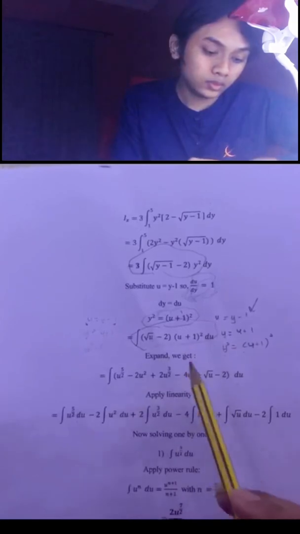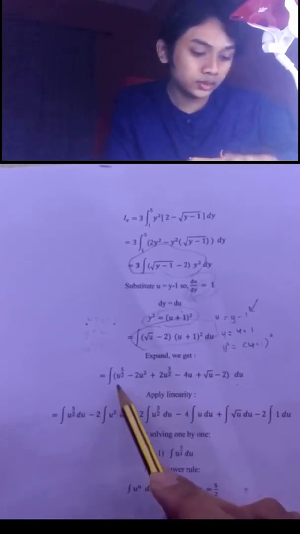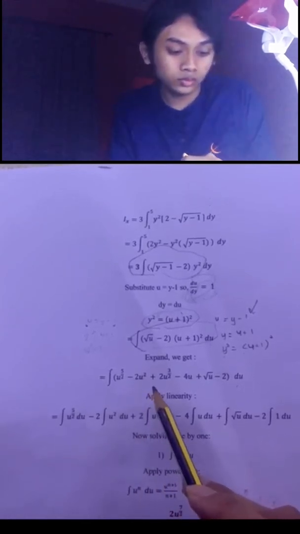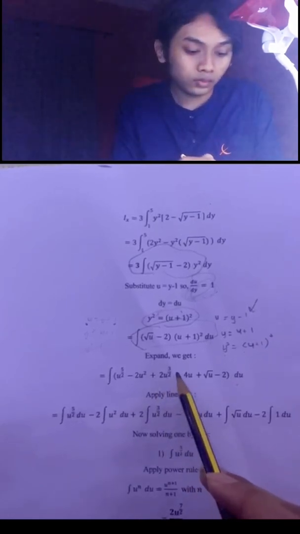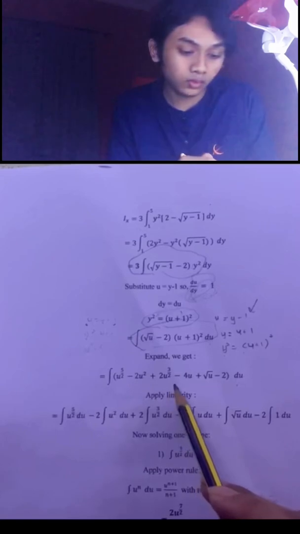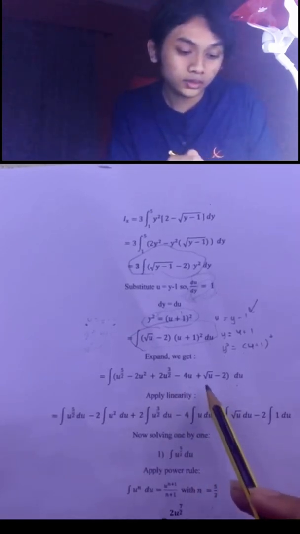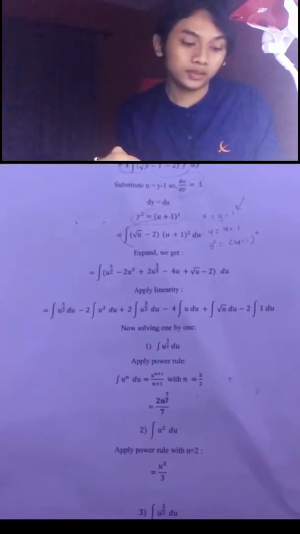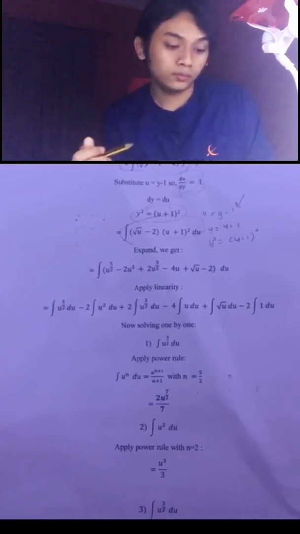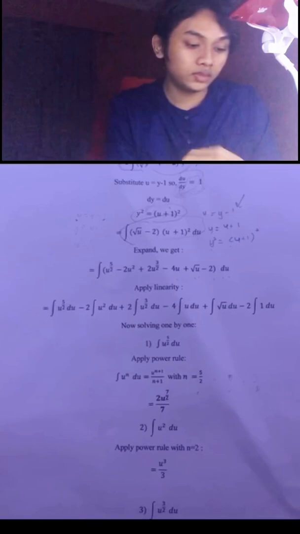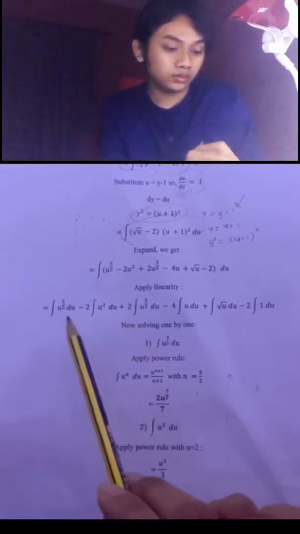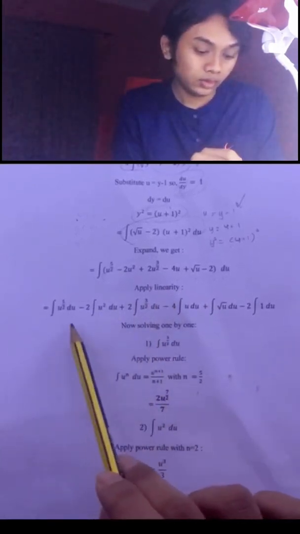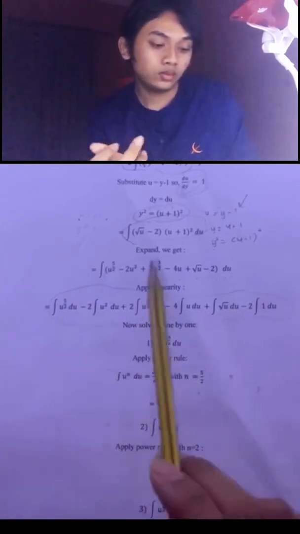From this we expand and we get integration of u power of 5 over 2 minus 2u square plus 2u power of 3 minus u power of 3 over 2 minus 4u plus square root of u minus 2 du. And then we apply the linearity so that it will be easier for us to solve the equation. As we apply the linearity, we get this one, and we need to solve it one by one.